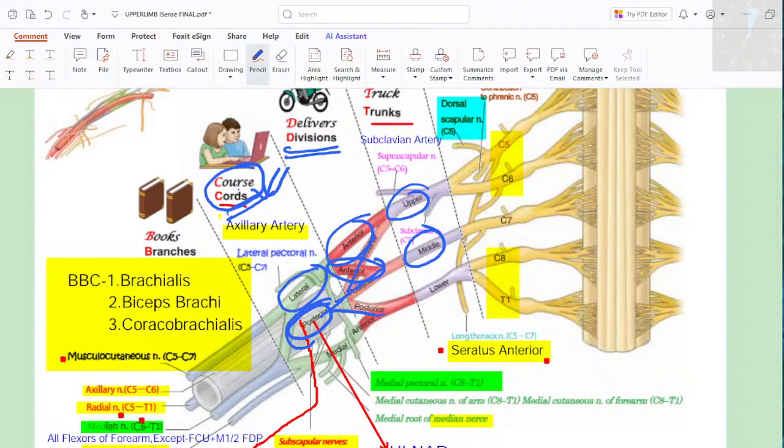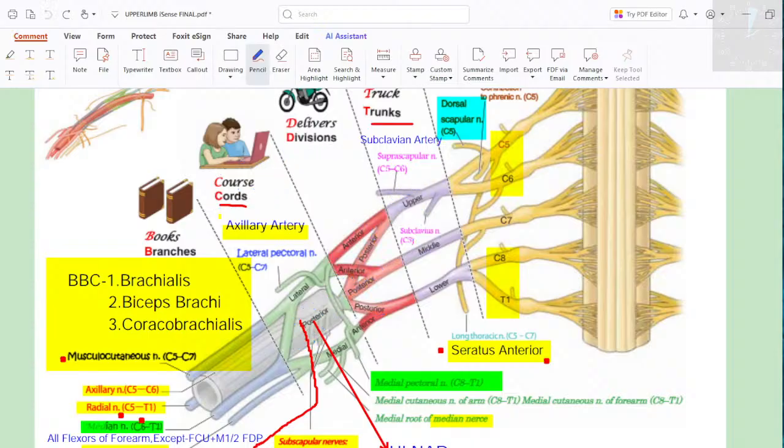And the lower trunk's anterior division continues as the medial cord. Then we finish root, trunk, division, cord.